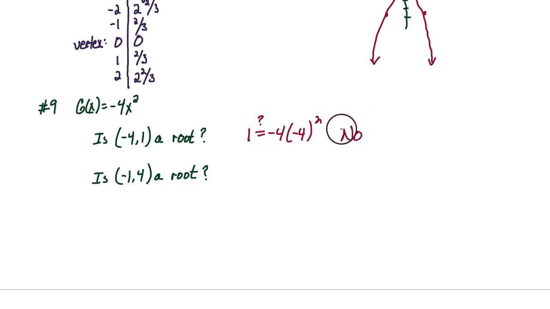No, it doesn't. What about this? Is this a solution? Let's find out. Let's replace g of x with 4 when we replace x with negative 1. Is negative 4 times negative 1 squared equal to positive 4? No, it's not. This solution is not on that graph either.